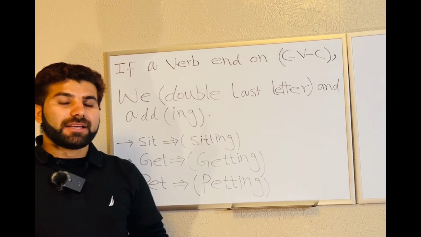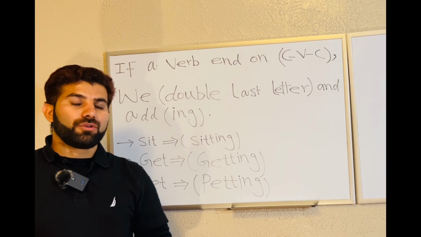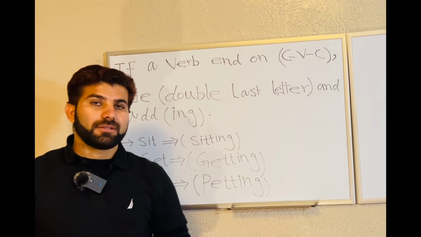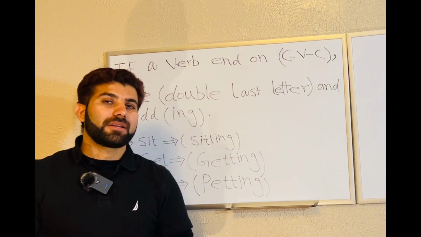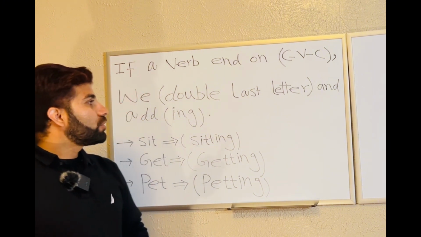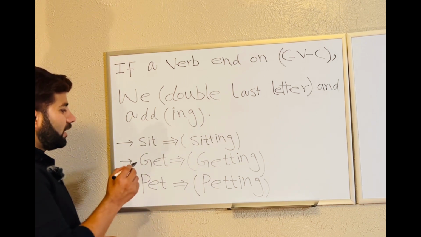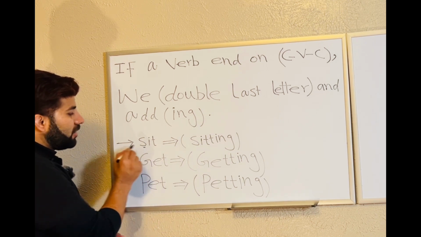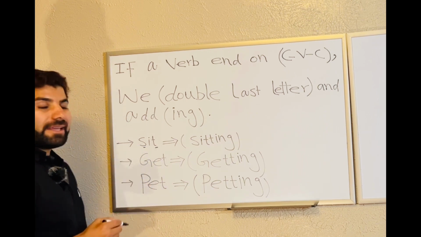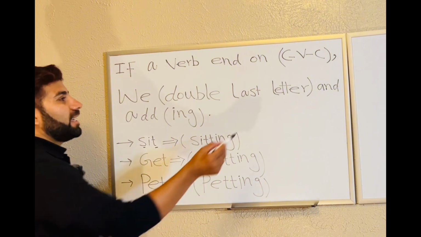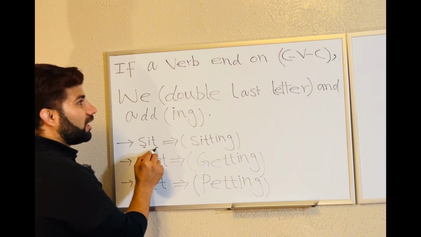There are 5 vowel letters in the English alphabet: A, E, I, O, U. Sometimes Y is also called a vowel, or sometimes it is called a consonant. So, in this word sit, S is consonant, I is vowel, T is consonant. We said CVC means consonant, vowel, consonant.